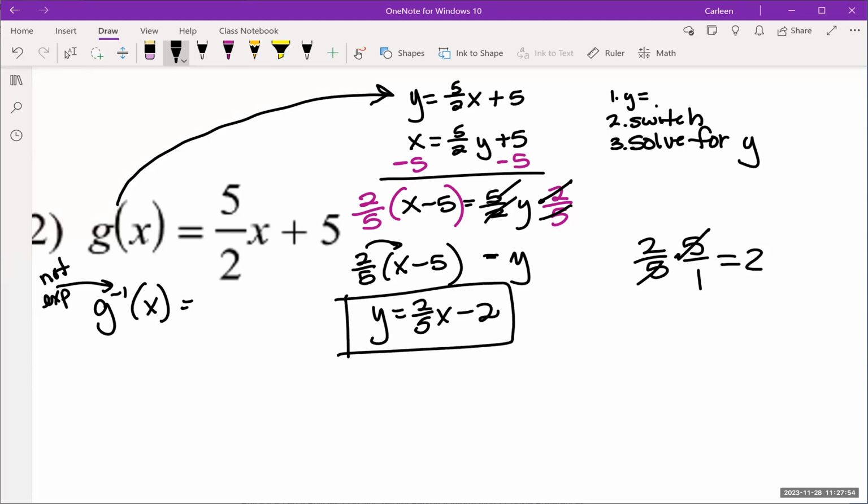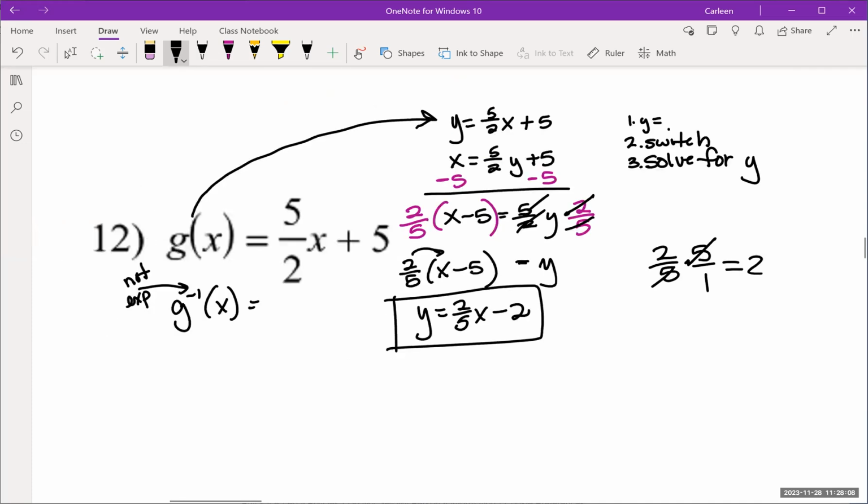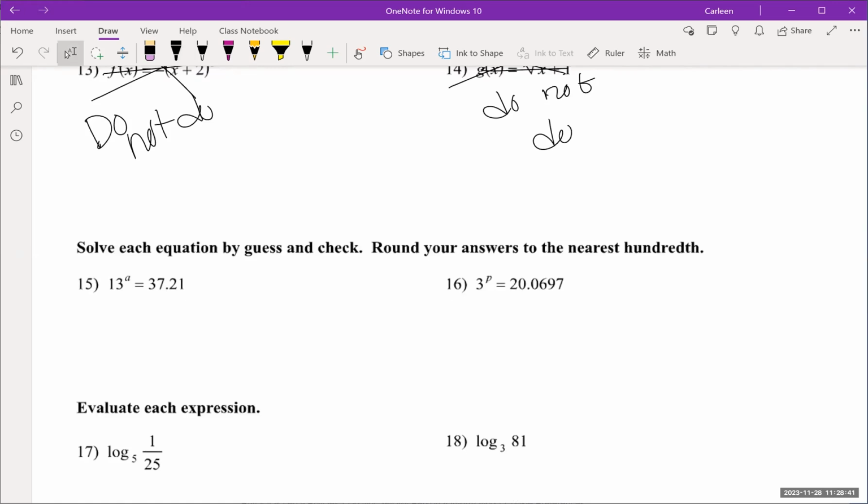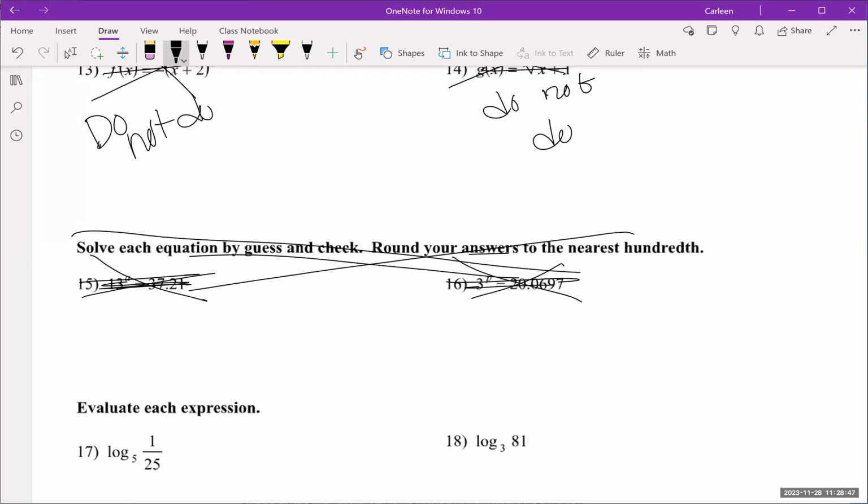In slope intercept form, the inverse. Now, if you graphed these, it would look interesting, and it would look kind of like last year in geometry, reflecting across the line y equals x. That's for another time. Okay, do not do. We'll talk about guess and check later.